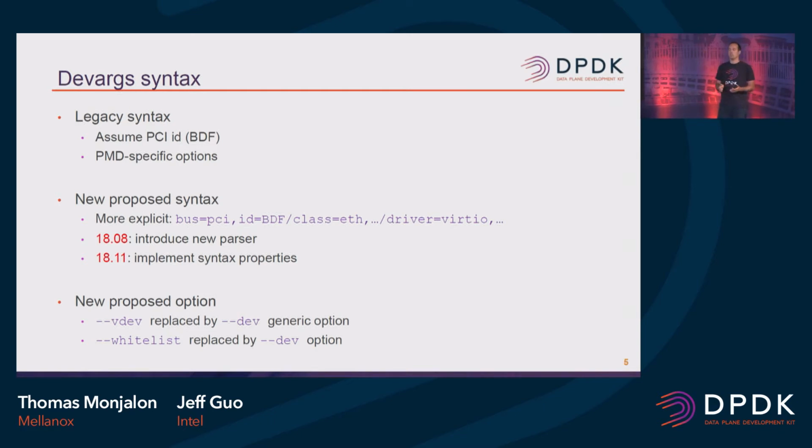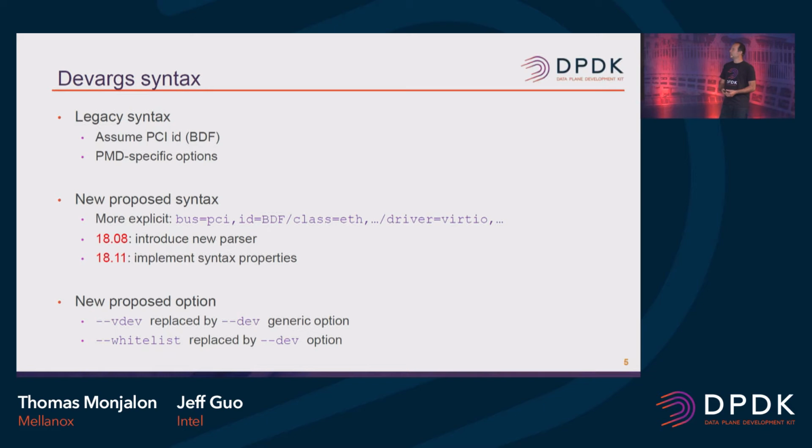And we extended it a bit to have a way to name the virtual devices. But now we have more. So here you can see a proposed syntax for devargs, where there are three parts: one for the bus, one for the class device, where we can put some options, and one for the driver, where you can have more specific driver options.